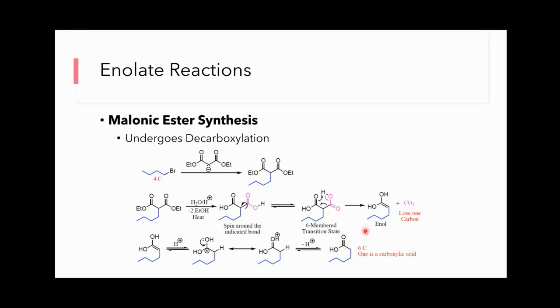So that's a basic explanation: when you have a nearby carboxylic acid that's two carbons away, it leaves when you add heat.